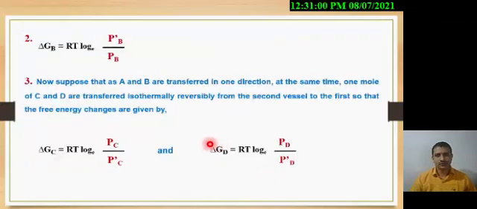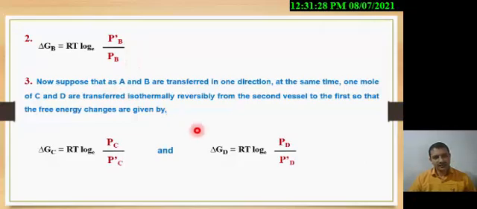Similarly, 1 mole of component B is transferred isothermally and reversibly from the first vessel to the second vessel from initial pressure Pb to final pressure P dash B, so that the change in free energy of component B is given by delta Gb is equal to RT log base e P dash B upon Pb.